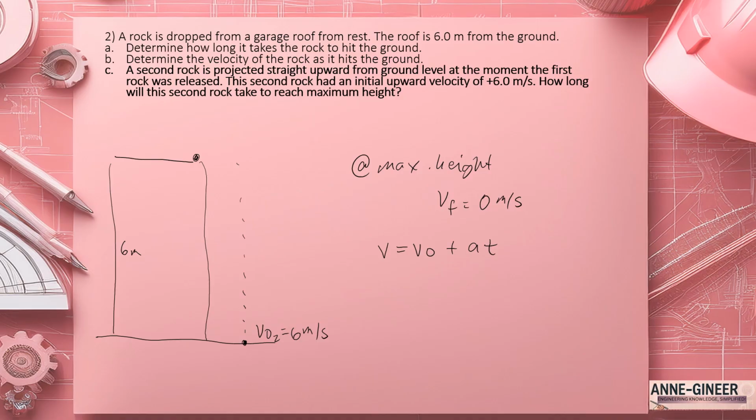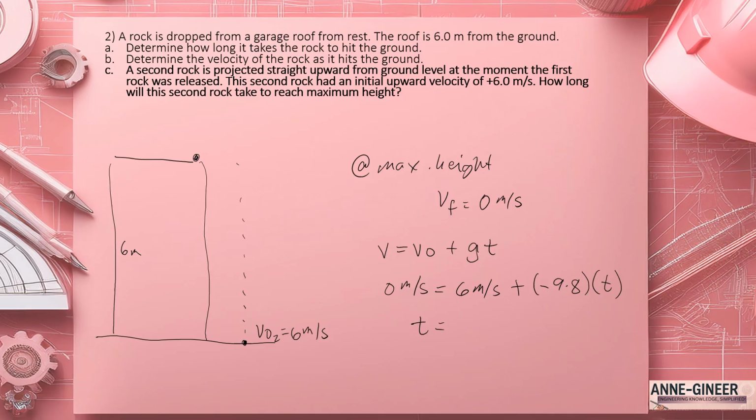Let's just input: 0 meters per second is equal to 6 meters per second plus, I'm sorry, this should be g, negative 9.8 times the time.